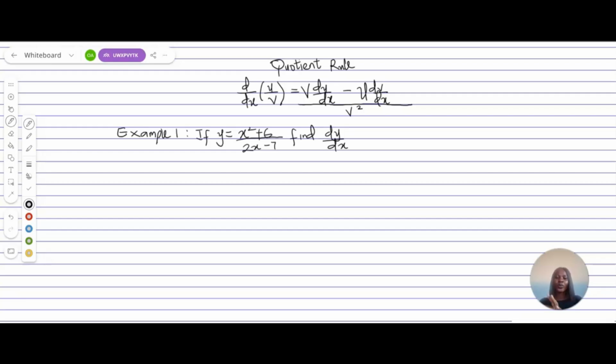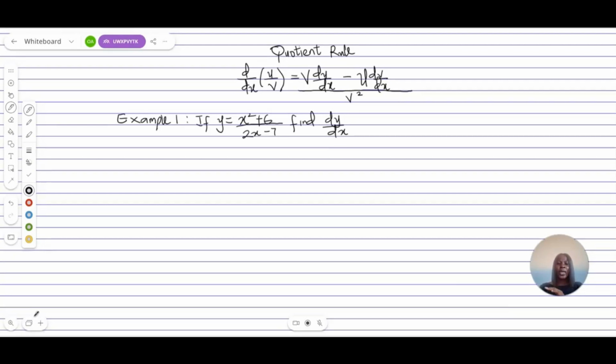We'll look at that in the next video. So let's quickly do this now. Let x squared plus 6 be equal to our u, then let 2x minus 7 be equal to our v, and let's see what we can do with that.